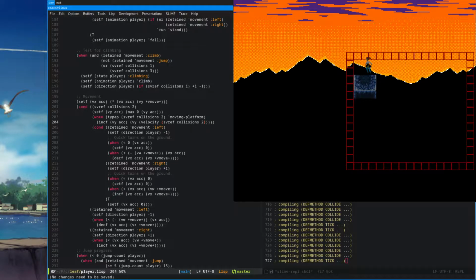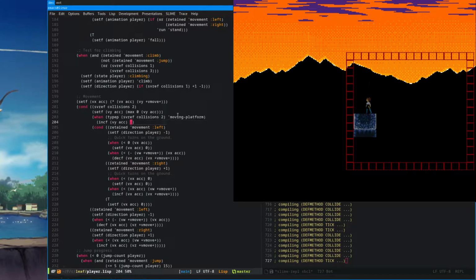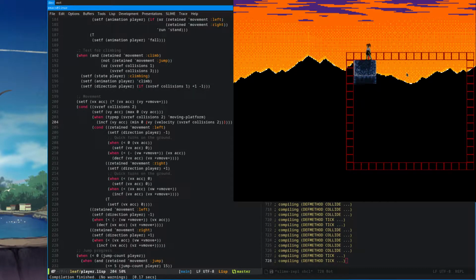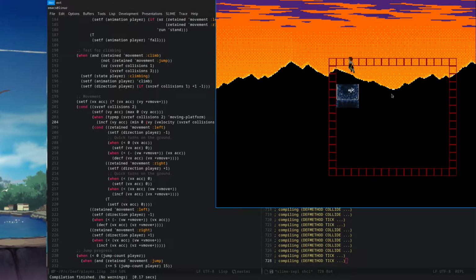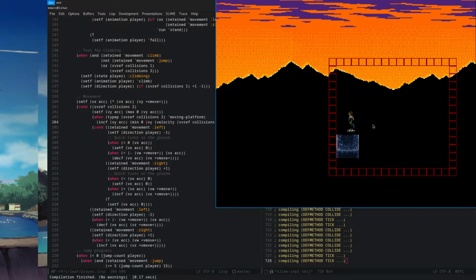Now we have the opposite problem. Wow, kludgy as fuck, but okay. Jumping doesn't work right yet. We should be moving faster than that.